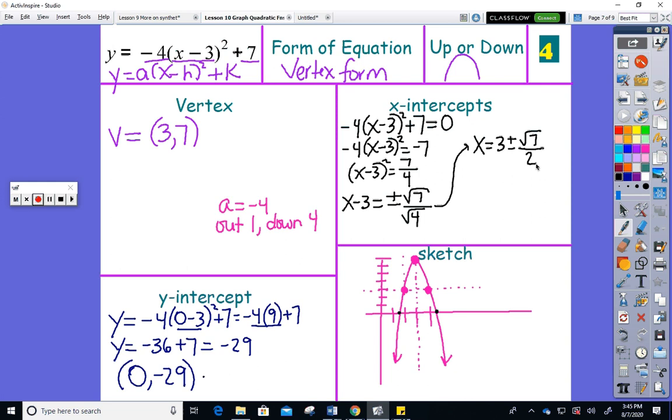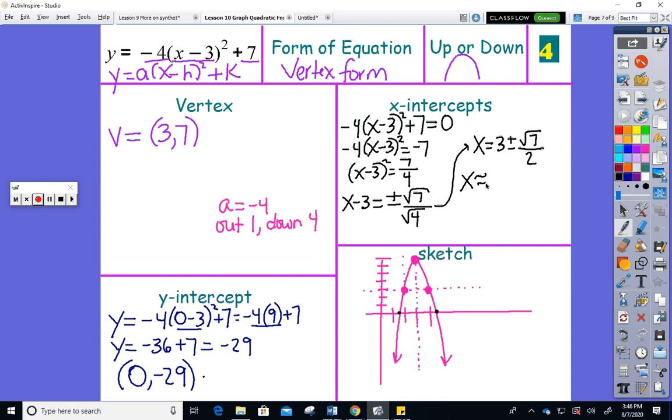But here's what I want to do. I'm going to get my calculator and I'm going to say, well, what is this? Let me punch in on my calculator the square root of 7, so you could do that with me, enter, divide by 2, enter, and I'm going to say 3 plus that answer.